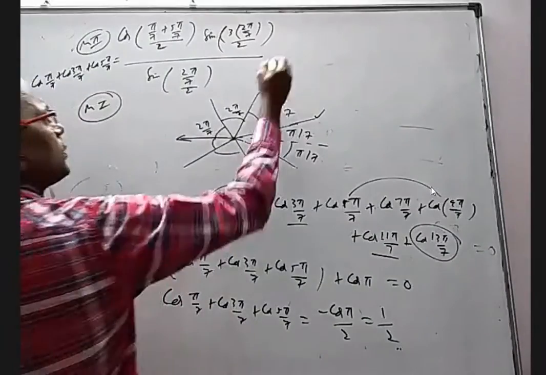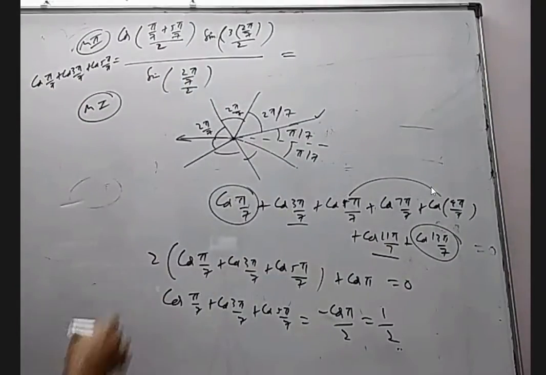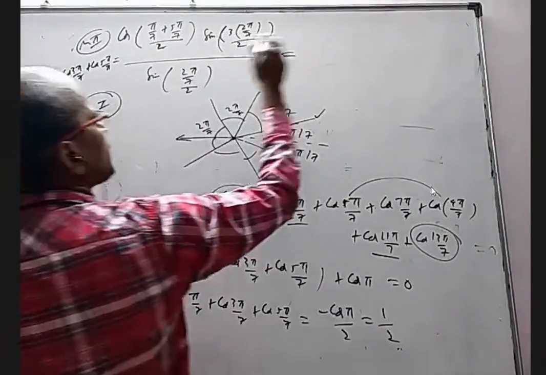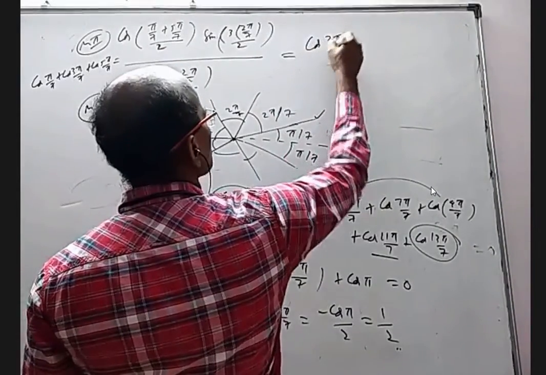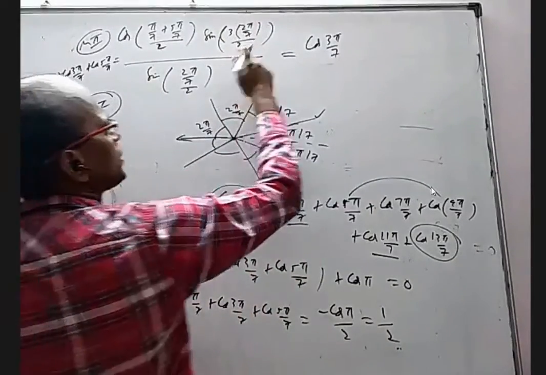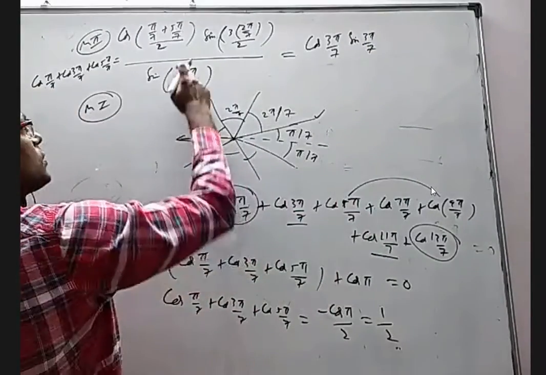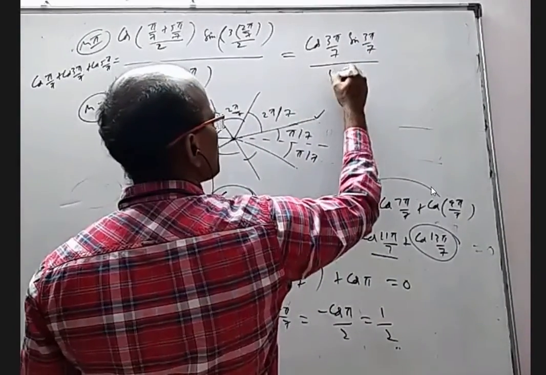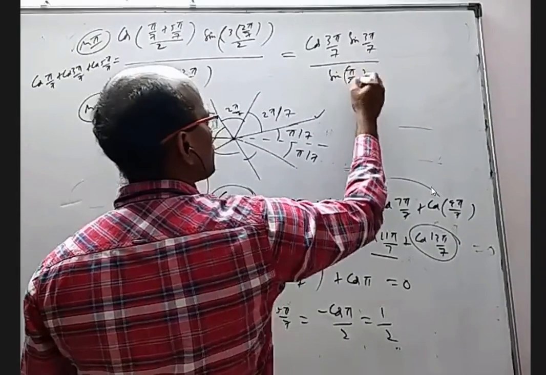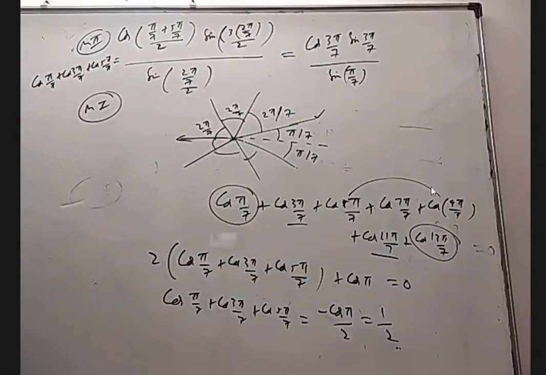Let's save some time, I directly take first angle plus last angle by 2. Anyway, this is 6 pi by 7 by 2, it is cos 3 pi by 7. The 2 will cancel, it is sine 3 pi by 7, and this 2 will cancel, I will get sine pi by 7. Oh, it did not come easily. I have to multiply 2 divided by 2.